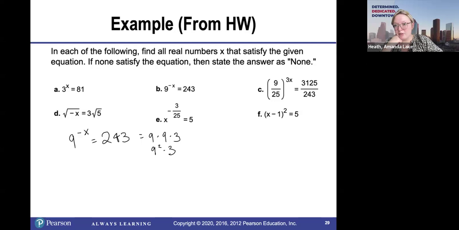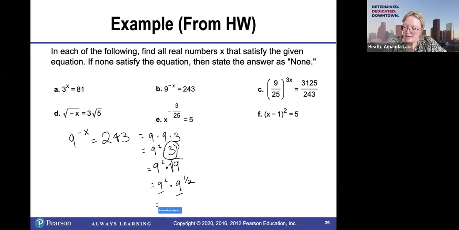The easiest way for me to see this number is to remember that 3 is actually the square root of 9. So I can rewrite 3. I have 9 squared, and 3 is the same thing as the square root of 9, which is 9 to the 1/2. And when I'm multiplying values with the same base and different exponents, what I need to do is add those exponents together.